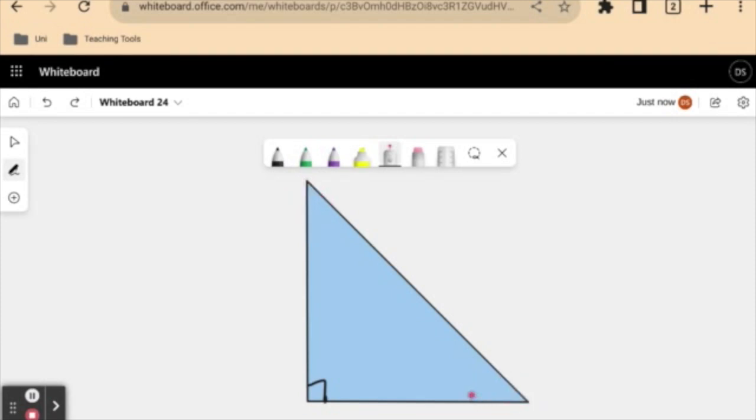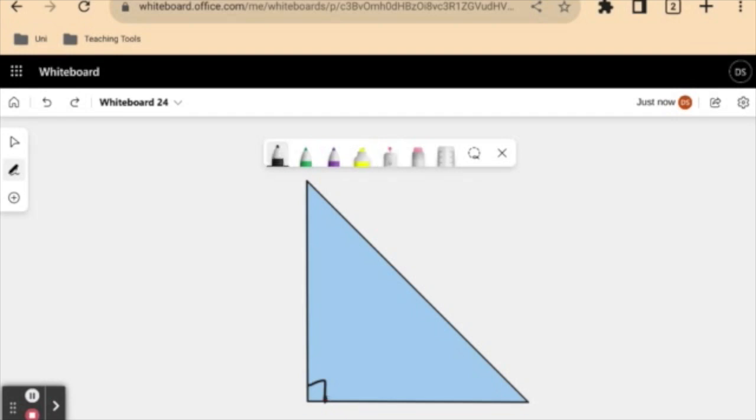The biggest angle here is our 90 degrees, because this one and this one must also add up to 90 degrees, because that's the remaining angles within our triangle. So as a result, both this angle and this angle will be less than 90 degrees. And this will be our biggest angle, our right angle.